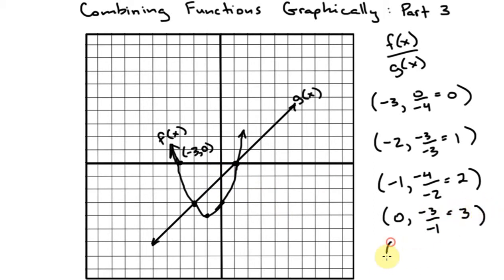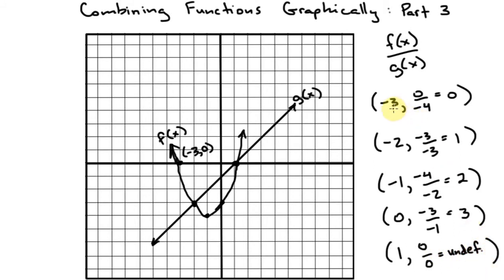Finally, when x is 1, both of these functions have y values of 0. What does 0 divided by 0 give? That's undefined.